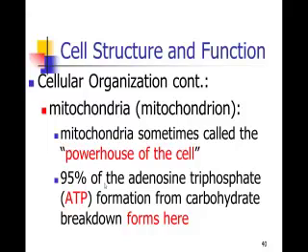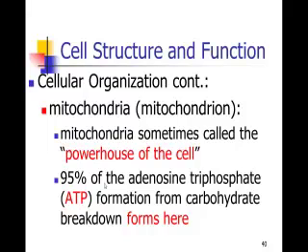Here's the interesting thing about the mitochondria. There is very strong evidence to suggest that mitochondria were not part of the original animal cells, but rather an organism that invaded the cells. And the cells and the organisms have eventually worked out a mutually beneficial relationship.